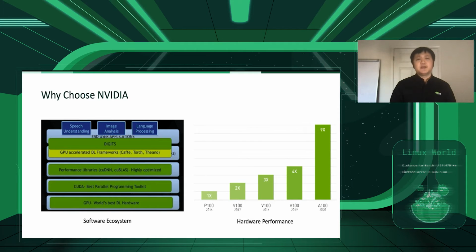They also implement all kinds of frameworks from the different levels of the AI platform. It also has very good hardware performance, and the improvement is even more surprising. You can see that each generation is much better than the previous one.